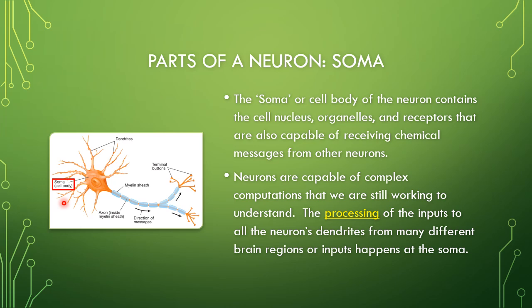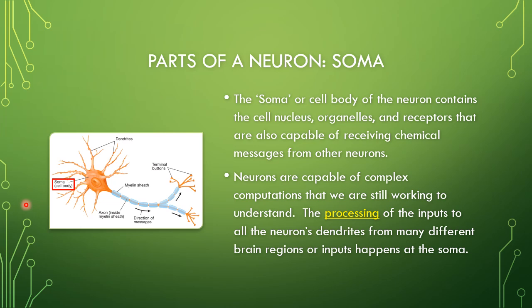This is the job we think of for the soma: this is really where the processing step happens. It may be the case that if I have a certain combination of inputs, or inputs of a certain strength, then they can cause the soma to trigger an action potential.